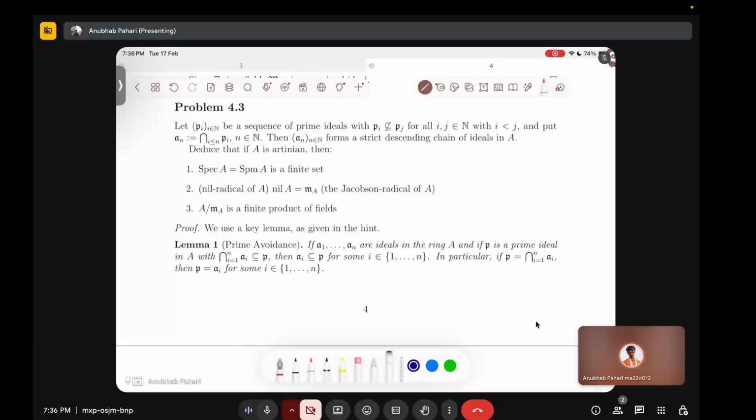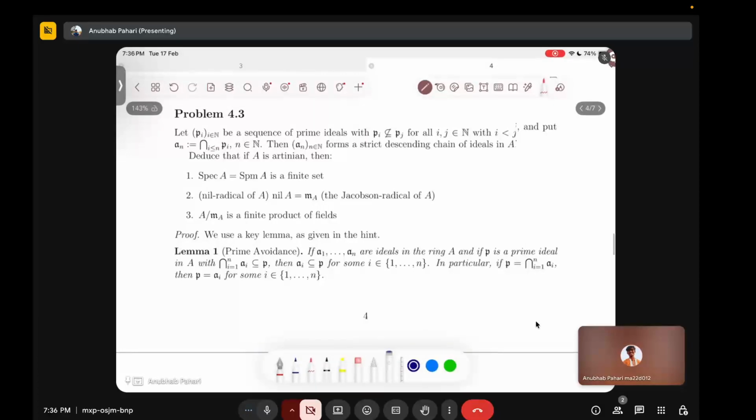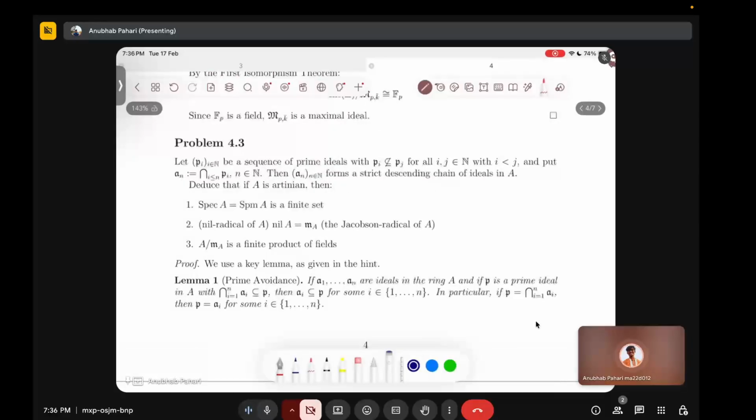Okay, so let us do problem 4.3. Let Pi be the sequence of prime ideals with Pi not contained in Pj for i, j coming from n, with i strictly less than j.